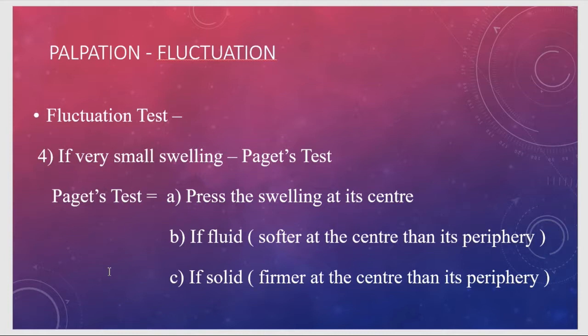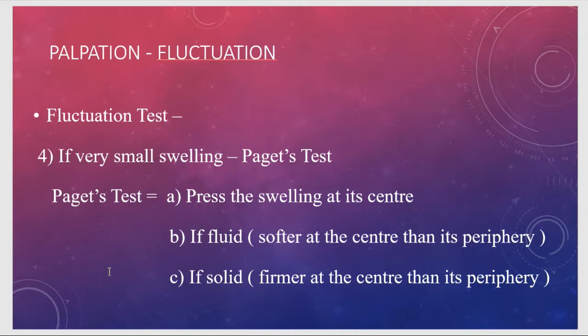And what we are going to do in Paget's test, we press the swelling at its center with the help of our middle finger, and we feel the fluctuation, if that is there, with the help of our index and ring finger placed over the two poles of the swelling.